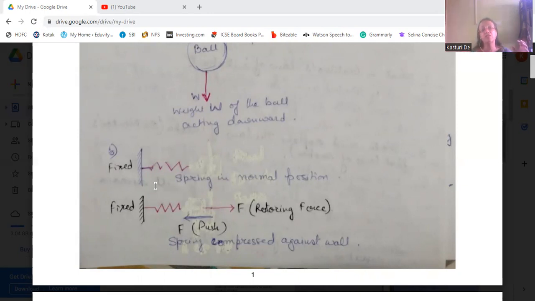So that is known as restoring force. So one force is pushing the spring towards the wall. Another force is pushing the spring away from the wall. That is restoring force, making it come back to its original position.